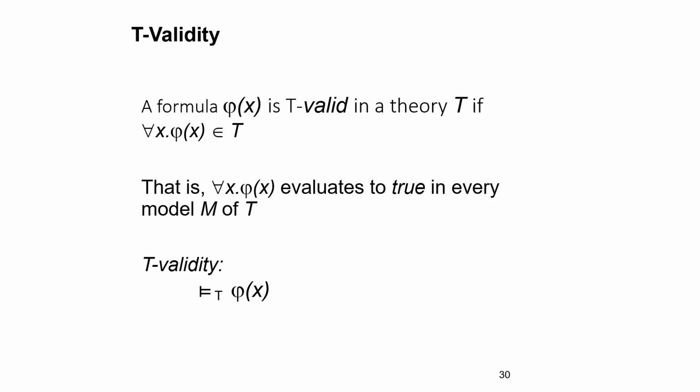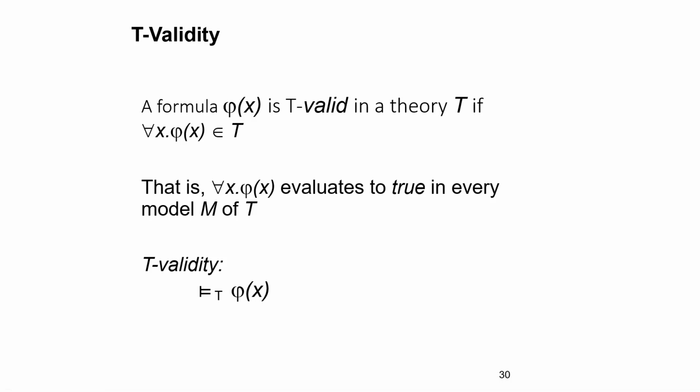Okay, and then of course there's also validity with respect to some theory. So we can say that some formula is T-valid in some theory T if for all the assignments to the free variables of the formula, this formula is true in the theory. So it evaluates to true for every model of the theory.